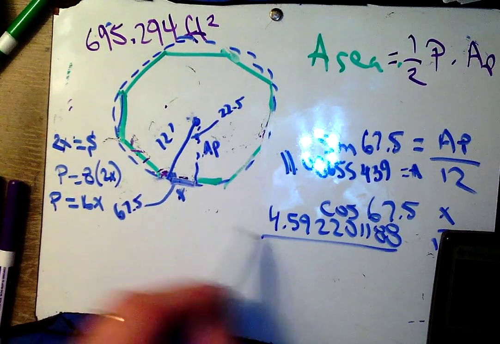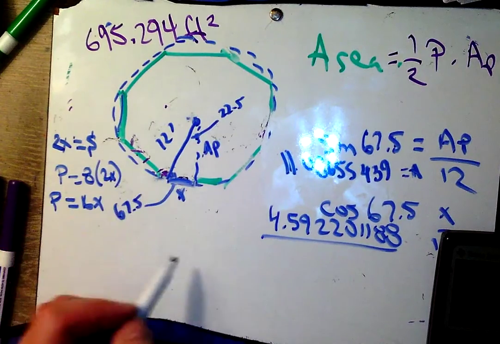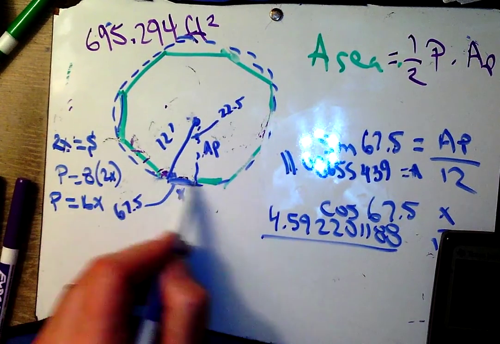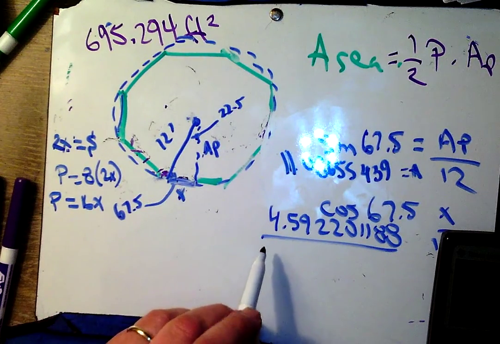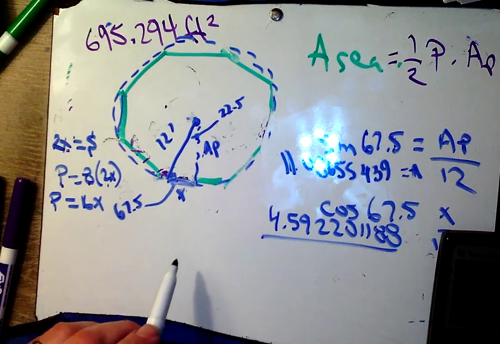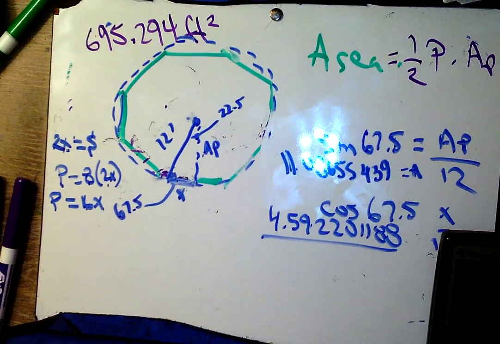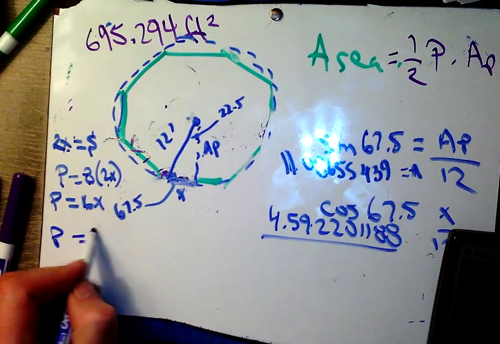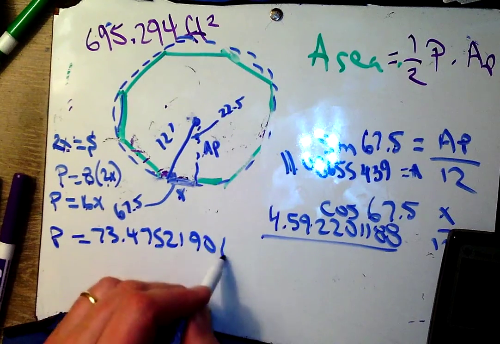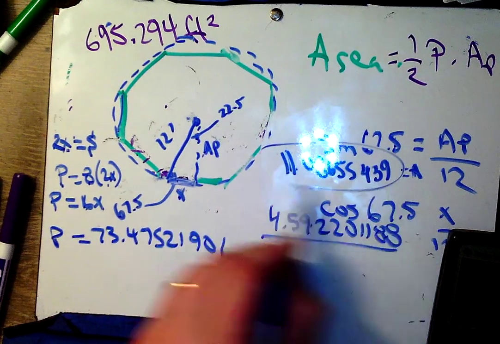Now remember, this is that half of a side length. So if I multiply this number by 2, I get a whole side length for the octagon. And because I need perimeter, I really want 8 of those sides. So 16 times this. And I get that perimeter is 73.4752 1901. And here's our apothem.